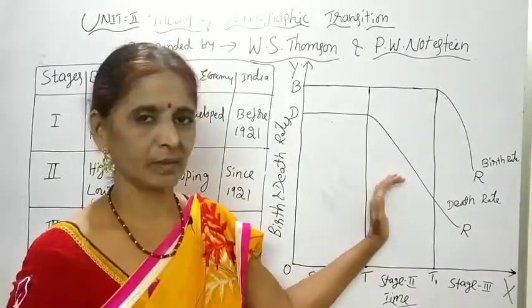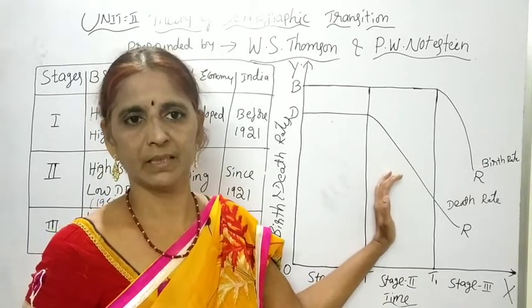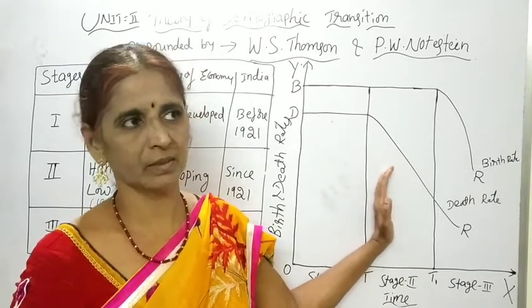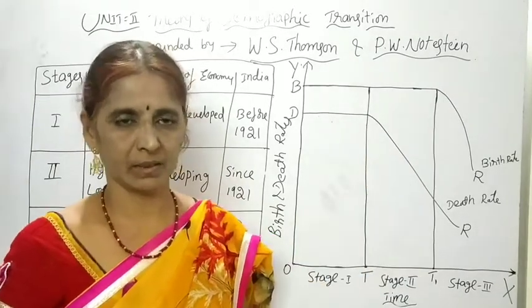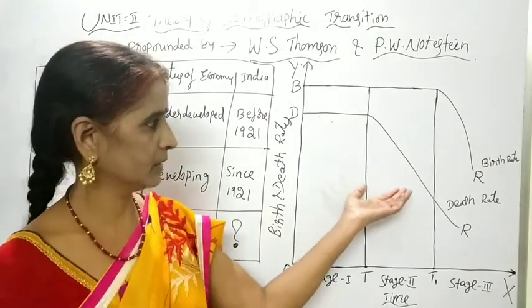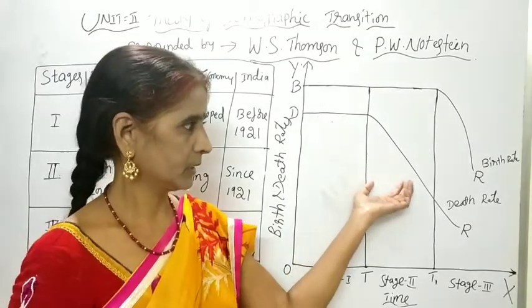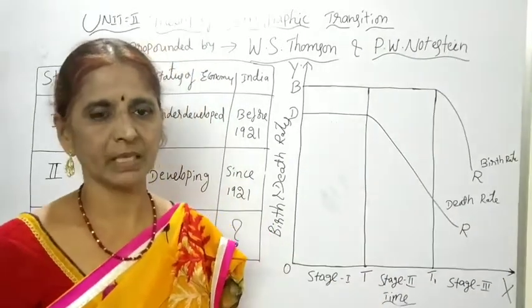India is experiencing this stage. Not only now, children, in between 1951 to 1991, in those years we experienced this stage. But in India now the population growth is somewhat low. Comparing to the previous years, the death rates are low and birth rates are also declining slowly, not sharply.